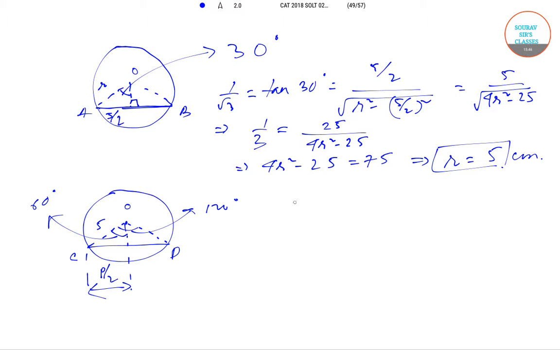Okay, so therefore tan of 60 degree will be equal to P by 2 upon root over 5 square minus P by 2 whole square. And tan 60 is equal to root 3.